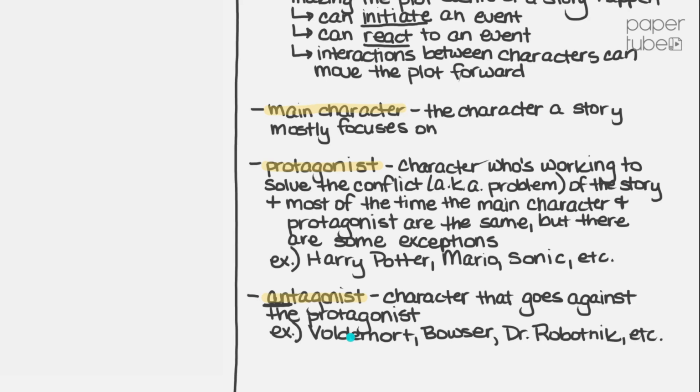Most of the time, the protagonist is the good guy, and the antagonist is the bad guy. So if I'm looking at my protagonist examples from above, Voldemort is Harry Potter's antagonist, Bowser is Mario's antagonist, Dr. Robotnik is Sonic's antagonist.